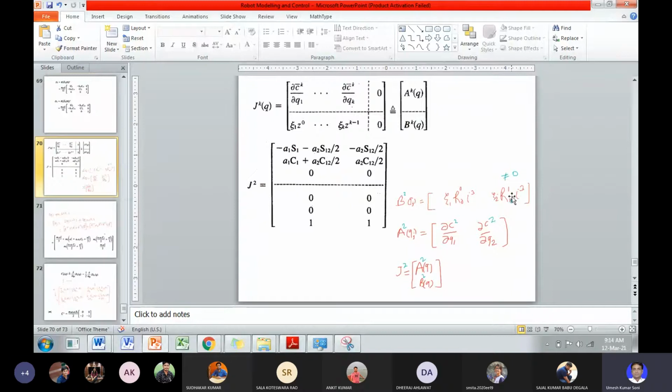So for the first and second joint both elements will not be zero. While we were considering the Jacobian 1, we were taking this element as 0. Here for Jacobian 2, both the elements will have these values R1 R00 I3 and J1 R00 I3 and J2 R10 I3. Okay, is it clear?